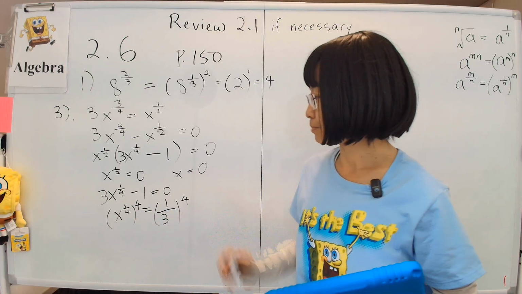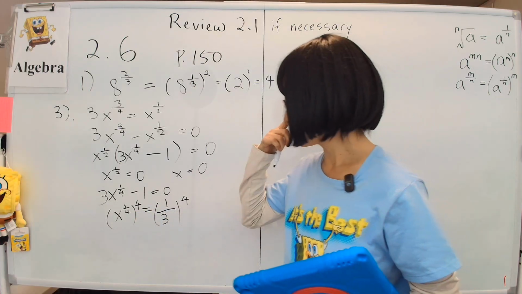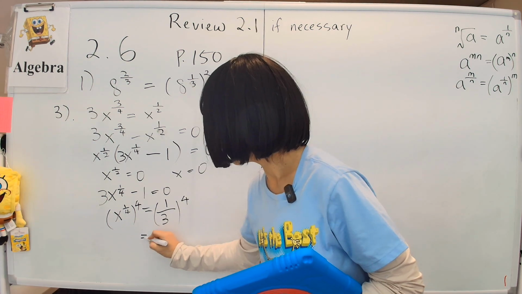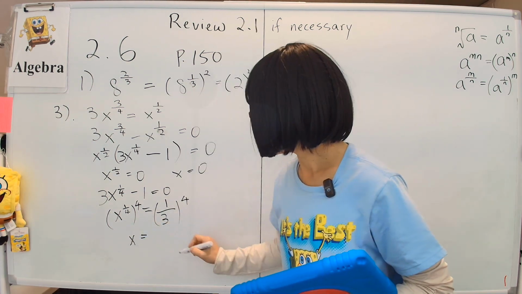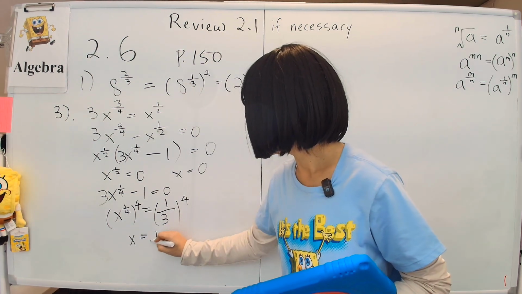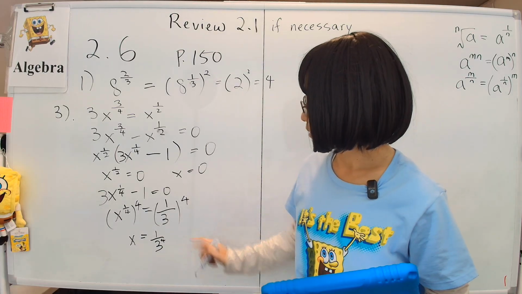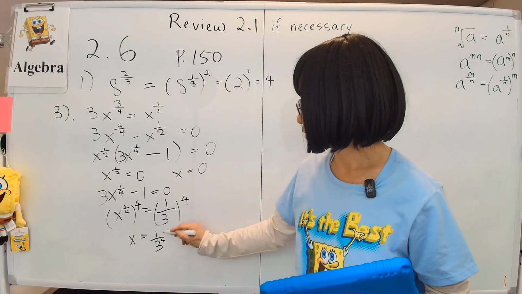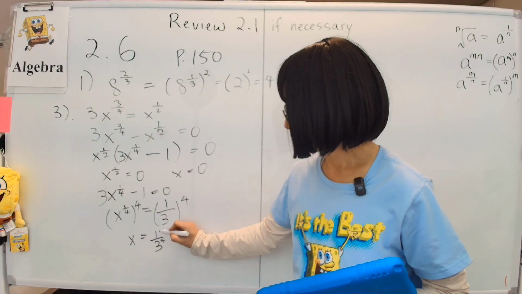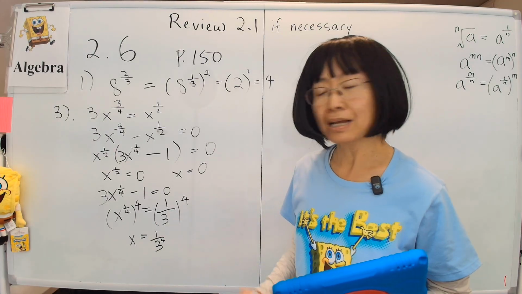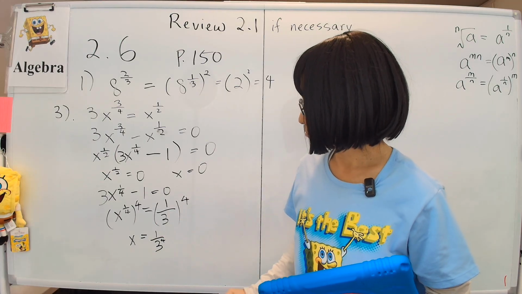So this side has to be raised to the 4th power as well. And that gives us x, and this side will be (1/3) to the power 4. You can write it this way, because 1 to the power 4 is just 1.